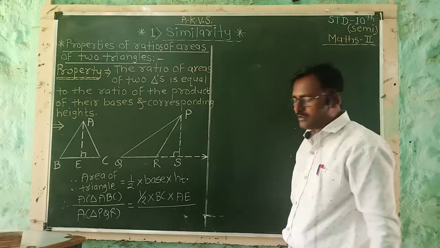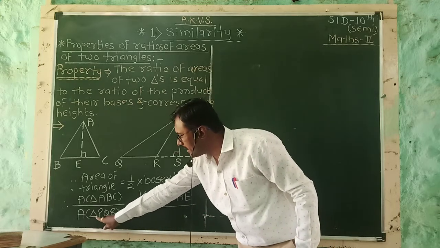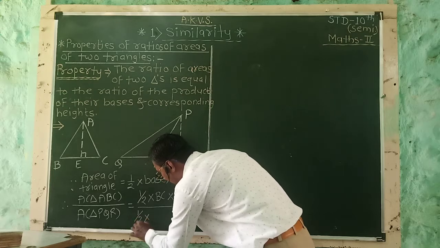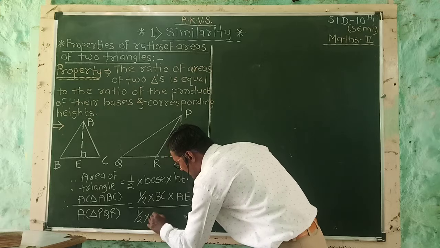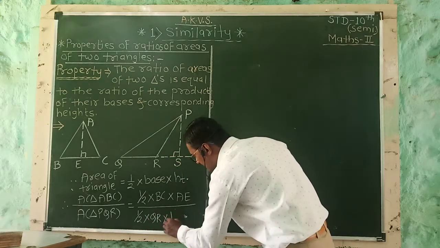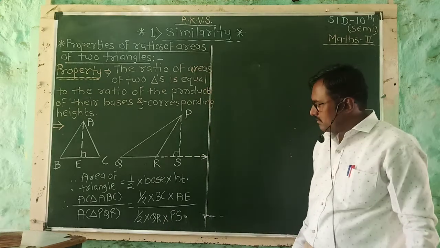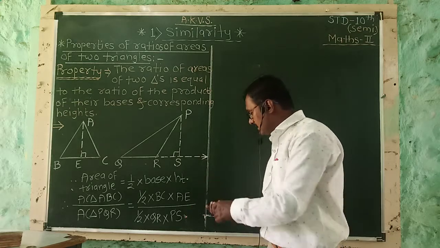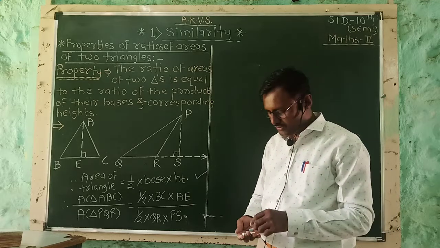In case of the other triangle, that is the denominator, area of triangle PQR, using the same formula, the base is QR and the related height is PS. This is all about using the formula 1/2 base into height.